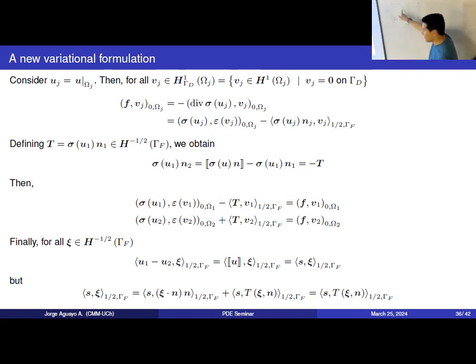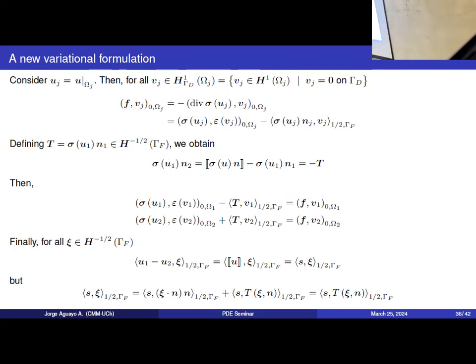The interface is the fault. And we divide this domain into two parts, omega-1 and omega-2. In this case, it's convenient to use the traditional Sobolev spaces H1. So in H1, we can obtain this formulation, and J is just the normal with respect to omega-1. So this is M1 and this is M2.